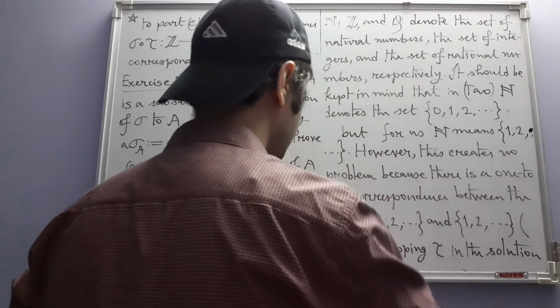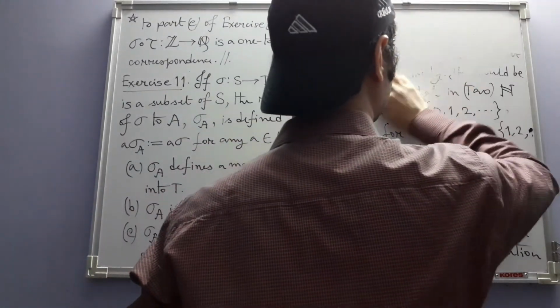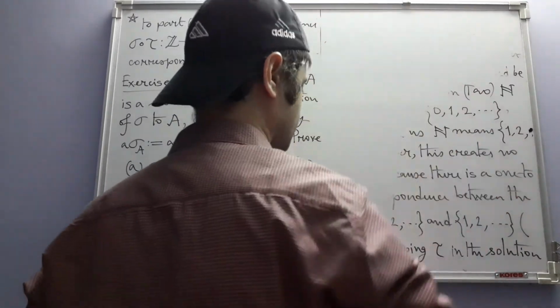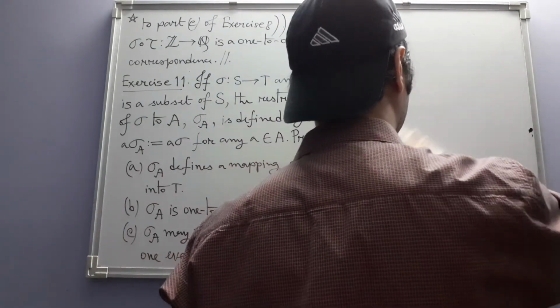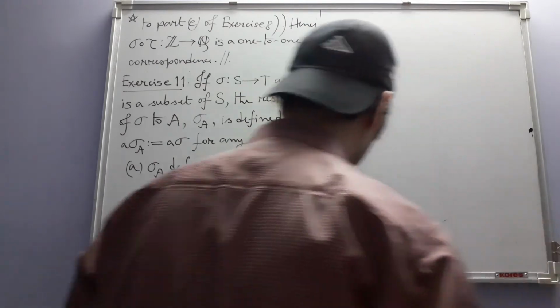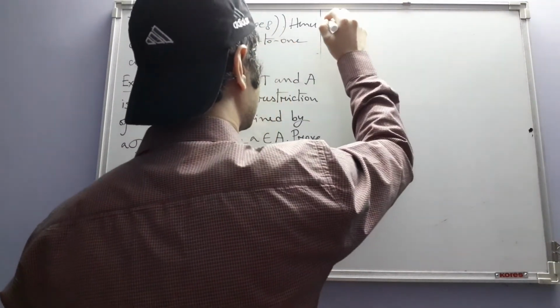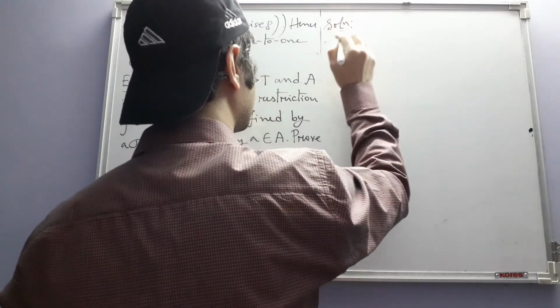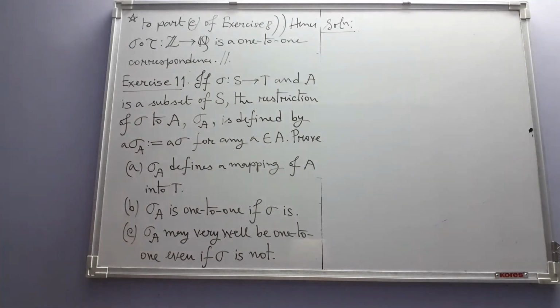So let us now see the solution. Although parts A and B are almost trivial, I am going to write the solutions because it's so trivial that sometimes triviality is confusing.